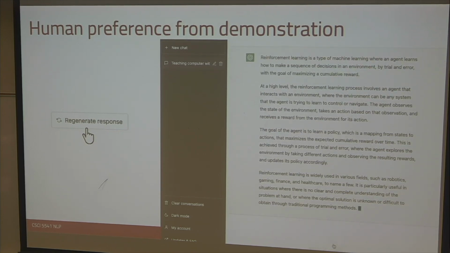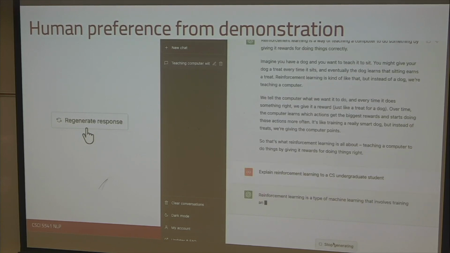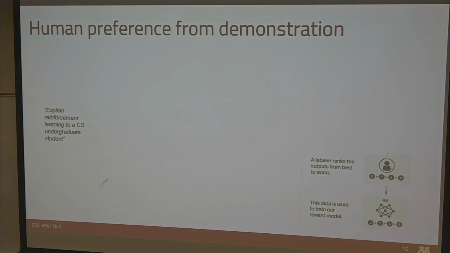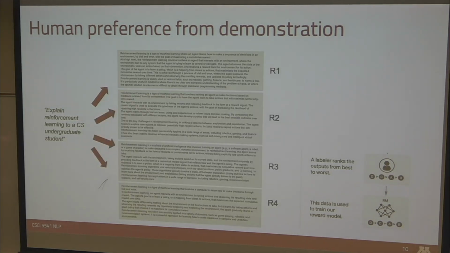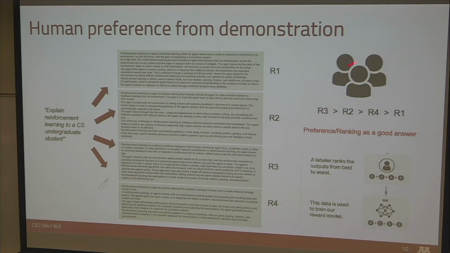And of course, we can spend some money and recruit human laborers again to gather explicit preference data. So given these 4 responses for this particular prompt, we recruit human annotators and ask them to rank them in terms of their preference. And then this data can be used to train the reward model.